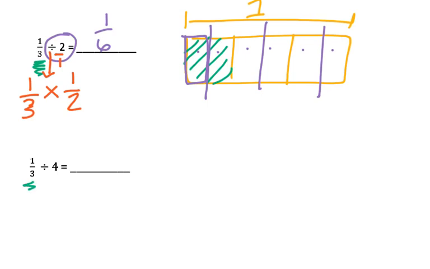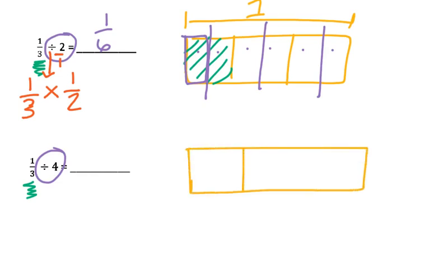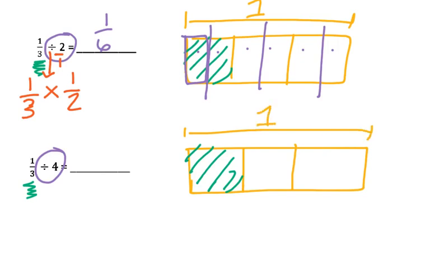Okay? Next, we have 1/3. So we're going to start with 1/3, and we're going to split 1/3 into 4 pieces now. So here's my 1/3 again. I'm going to shade it in because this is what I start with. And remember, this is out of a whole. And now I'm going to split this into 4 equal pieces.